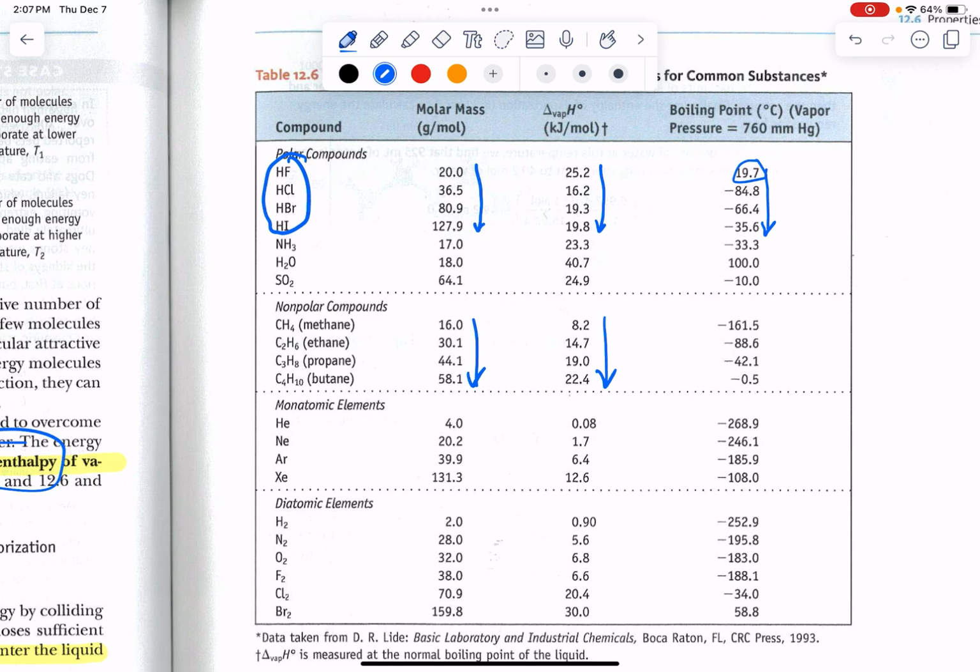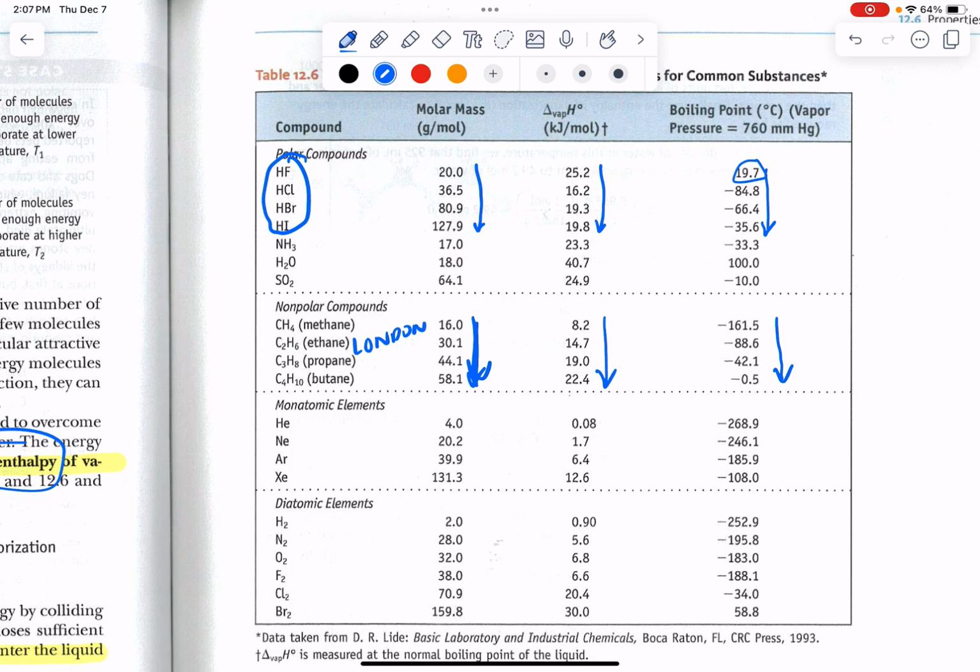And here, if these molecules are all nonpolar, then your London forces, your dispersion interaction forces, become more and more significant the bigger the atoms are, because you have more and more electrons that might find themselves more on one side of the molecule than on the other side. And so as a result, it's going to take more and more energy in order to go from the liquid to vapor state, which means your boiling point is going to get higher and higher.